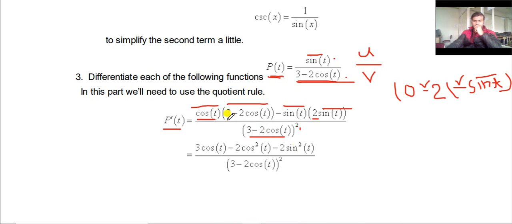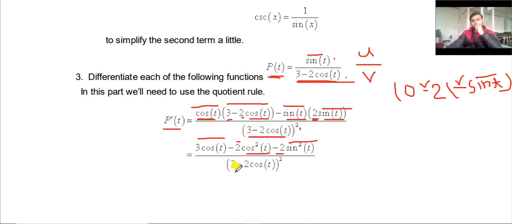Then this cos t is multiplied with this 3, so this becomes 3 cos t, then minus this cos t is multiplied with this cos t, so this becomes cos square t, and this is 2, so we write this 2. Then this 2 when multiplied with minus becomes minus 2, and sin t multiplied with this sin t becomes sin square t, divided by denominator square.